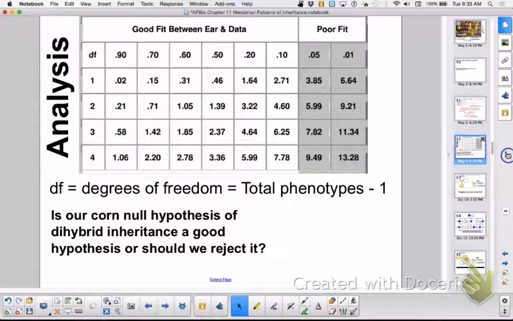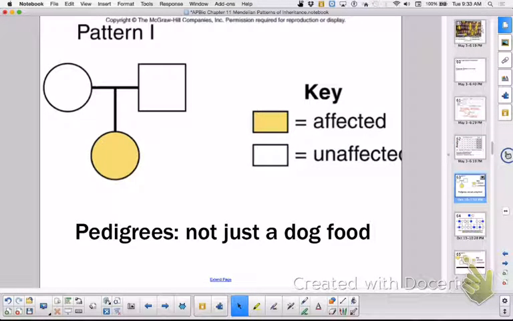Are you there? Okay, so this is a pedigree. Females are what shape in a pedigree, do you think? Circles. And males are square. And if you are affected, then it is colored in. So this is one pattern.